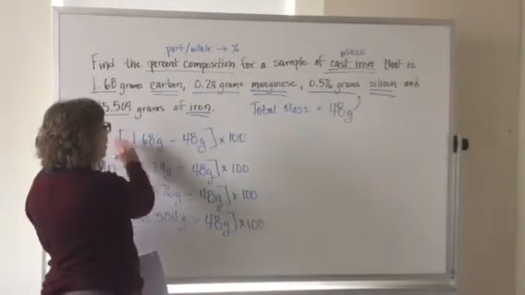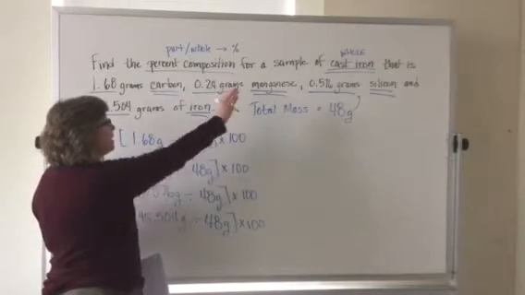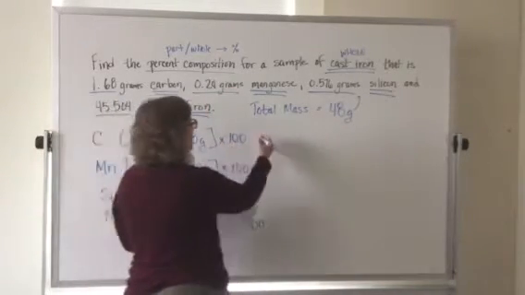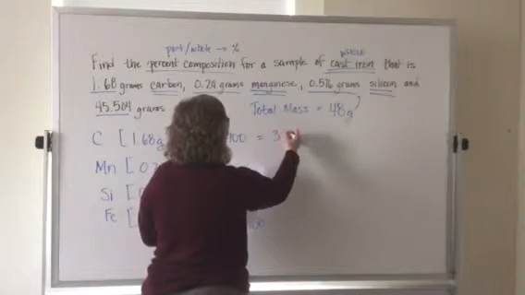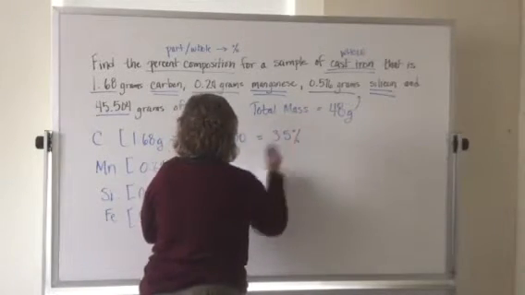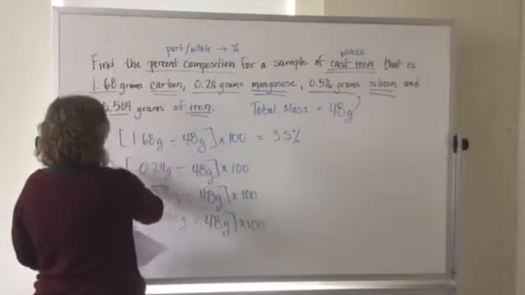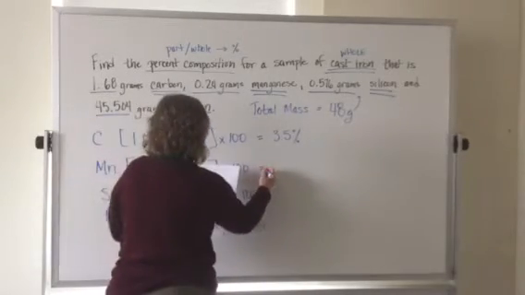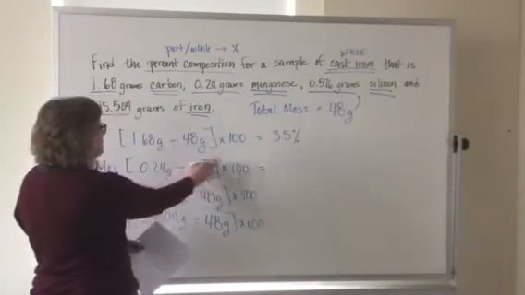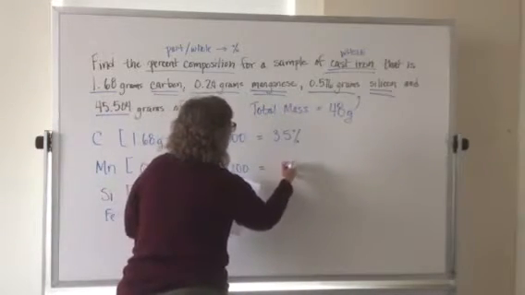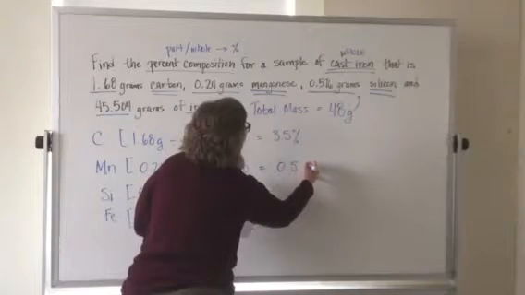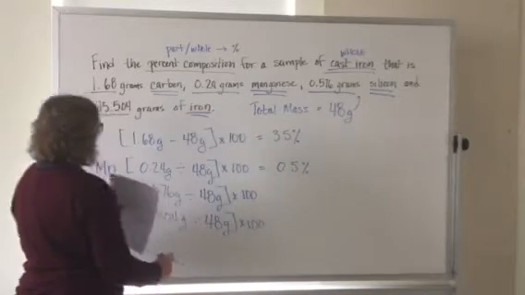So I take the part, carbon, divided by cast iron's mass times 100, and that gives me 3.5%. Manganese, as I predicted, take its mass divided by the whole cast iron mass times 100, gives me a meager 0.5%.